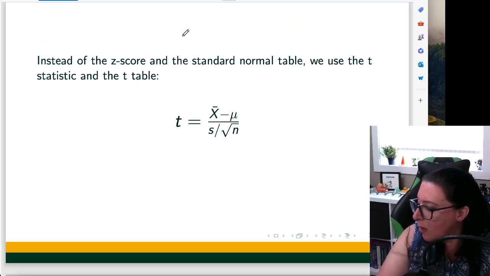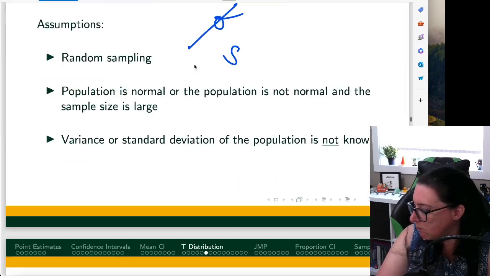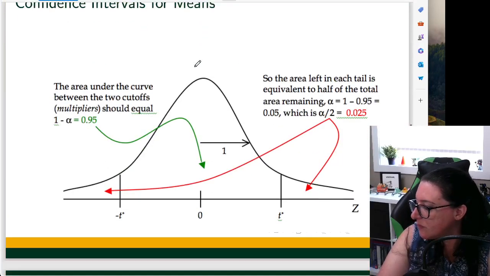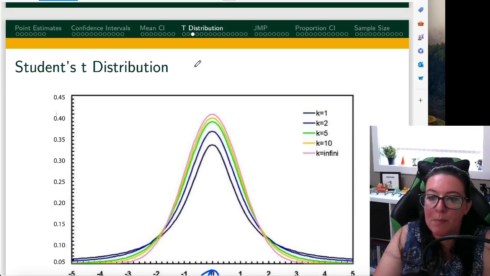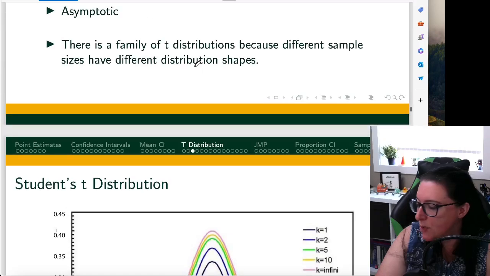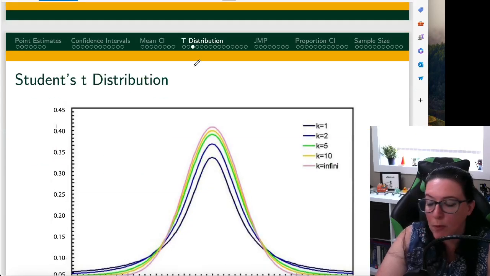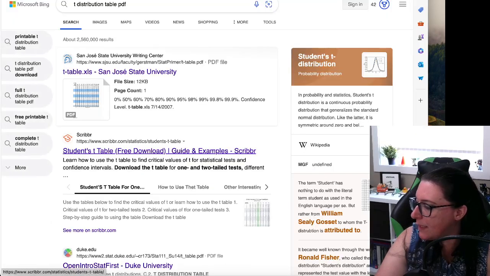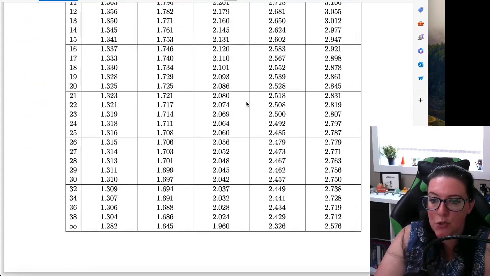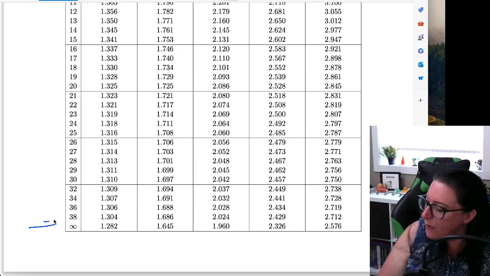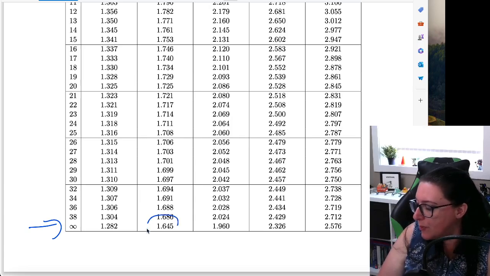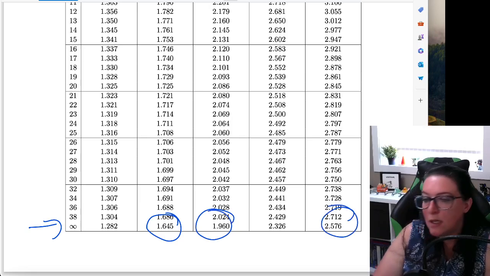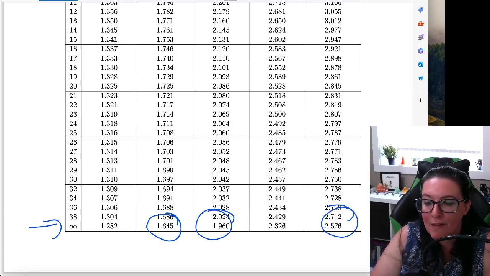Well, what we said just a moment ago is that the big sample sizes for a student t distribution give you a normal distribution. And so if you're using a t distribution table and you're never quite sure, go down to the bottom of your t distribution table and you should see those same z-scores that you use with 90, 95, and 99.